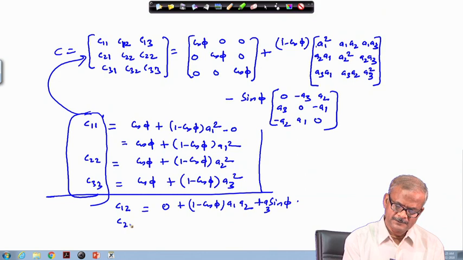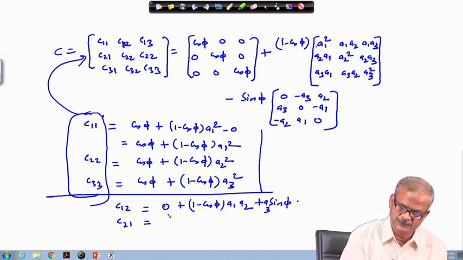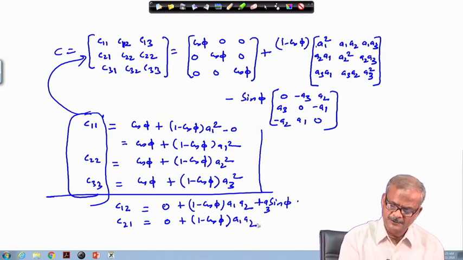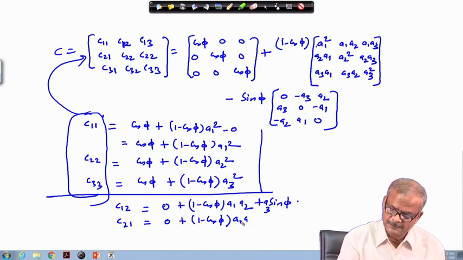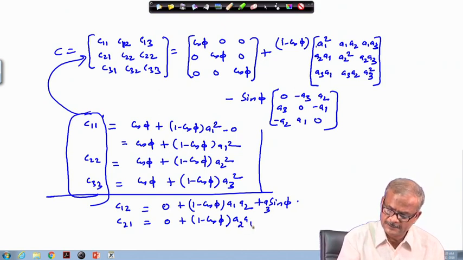Okay. And in the same way, C 21, if you look into this, is this quantity. Here you have to add all these quantities. So, C 21 will be 0 plus 1 minus cos phi, then A 1 A 2 or A 2 A 1, whatever way you want to write. Let us write that way only, because these are scalars. So, it does not matter what sequence we write.